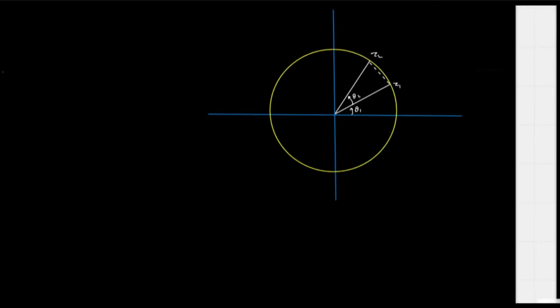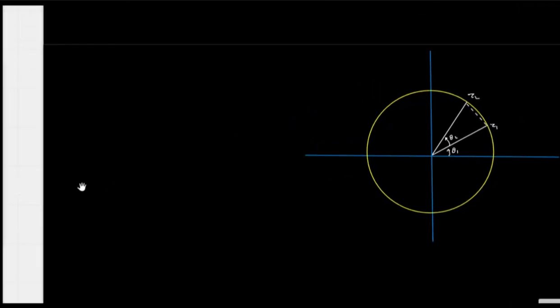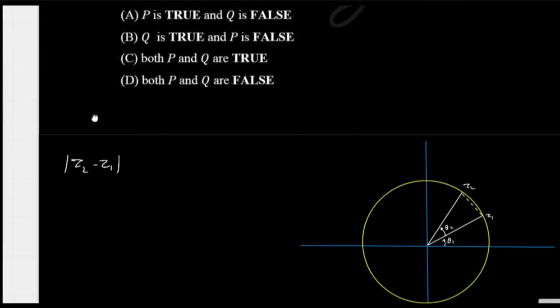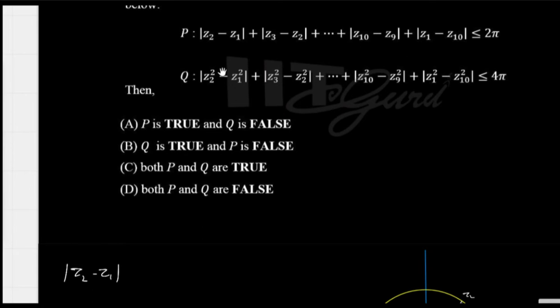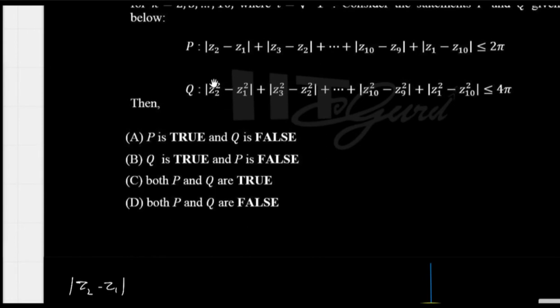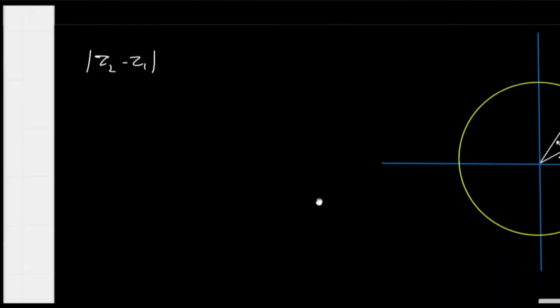So let's see. It's a pretty easy question. Mod of Z2 minus Z1 is given over here as less than some value, and there are different statements that we have to find. It's pretty easy.